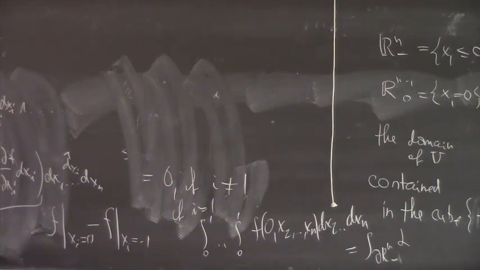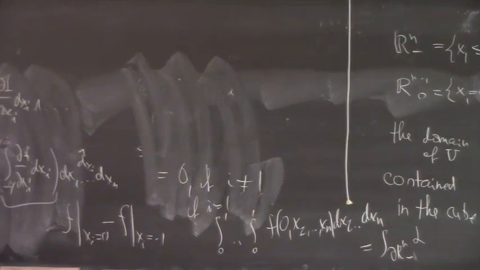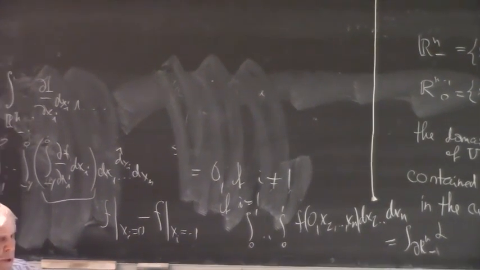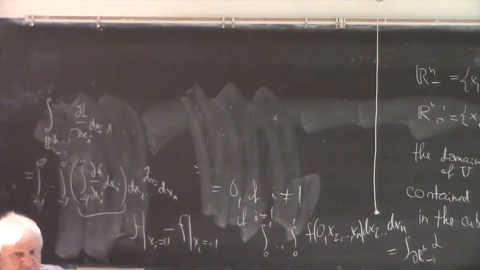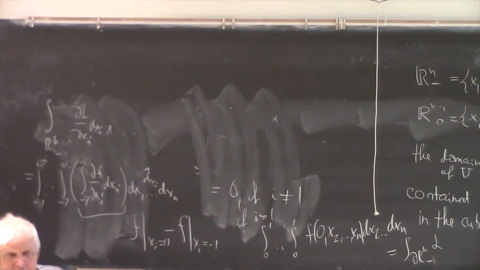So actually, and you may be familiar, especially if you teach it, with the proof of different particular cases of the Stokes formula, like the Green theorem, many other theorems like this.